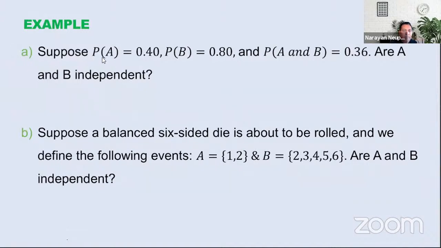Now, based on that, let's look at the example here. In the first part, they have given probability of A is 0.4, probability of B is 0.8, probability of A and B is 0.36. Are they independent?